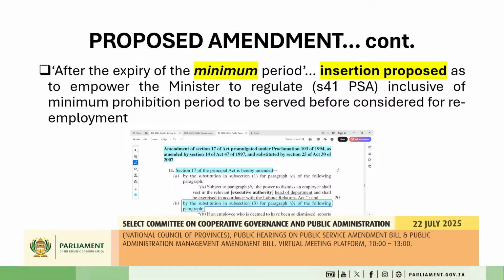of the PSA. That will include them, meaning that in the regulation, the minister will now be able to decide in terms of the minimum prohibition period for each of the listed misconducts. Let me say, maybe in the case of financial misconduct, it's 10 years. Then maybe one will have to have served 5 years before they can be reconsidered.